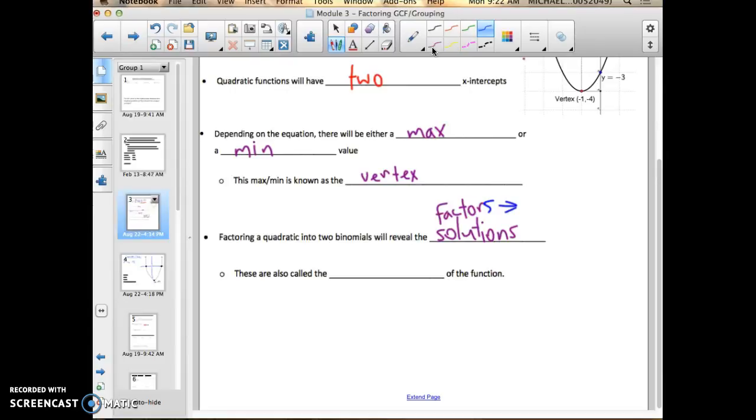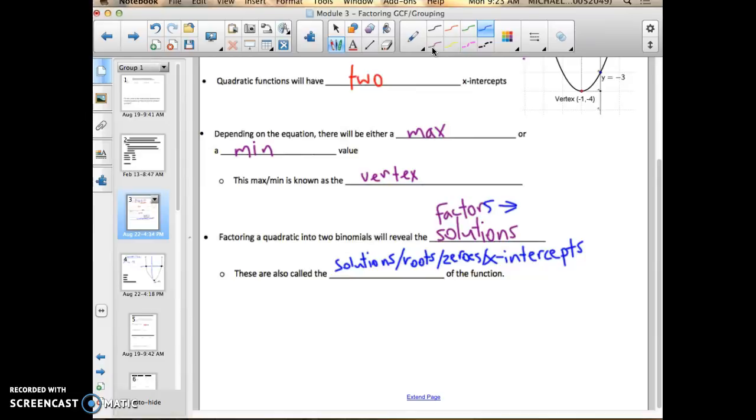These can also be called the solutions, the roots, the zeros, or if they cross the x-axis, the x-intercepts. So please make note of all 4 of those names.